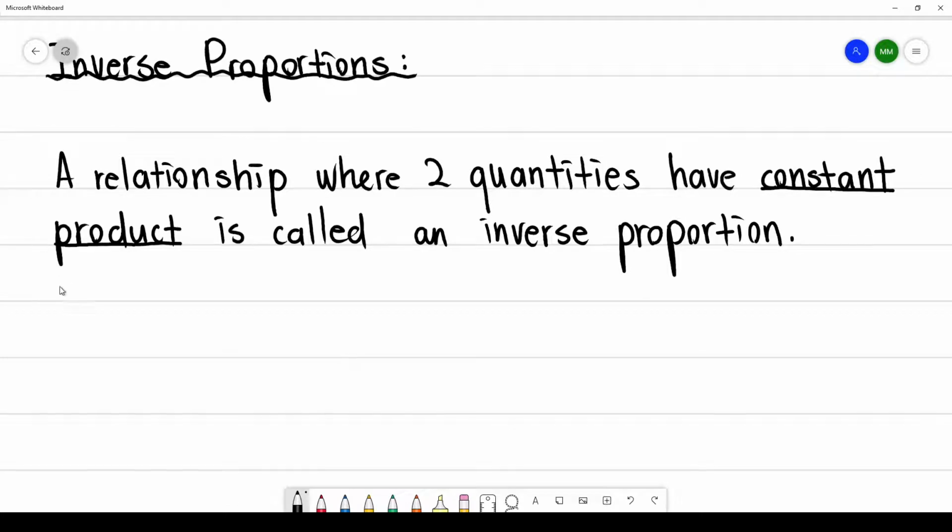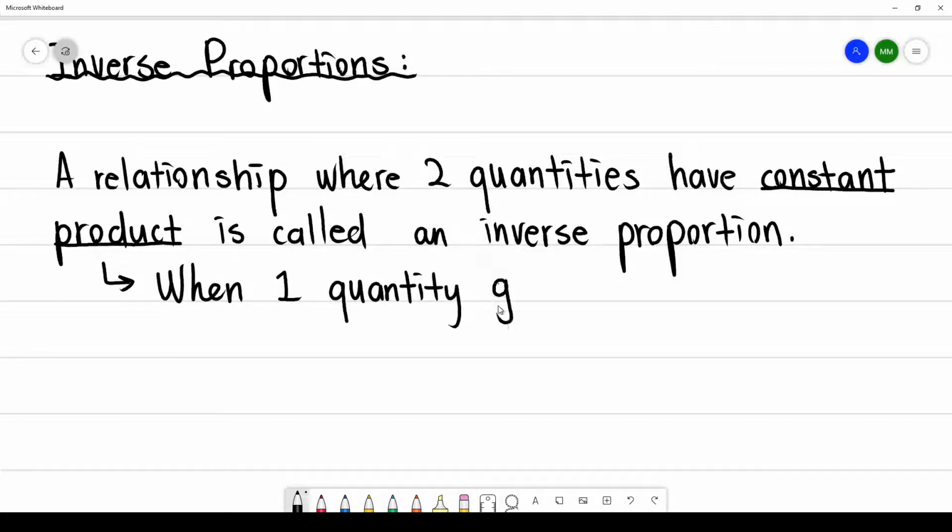So why is this important? Well, when you have a constant product, when one quantity goes up, the other quantity goes down.